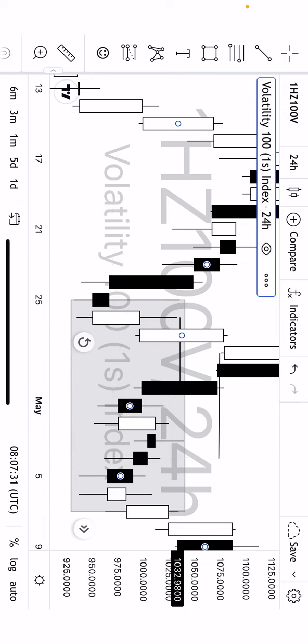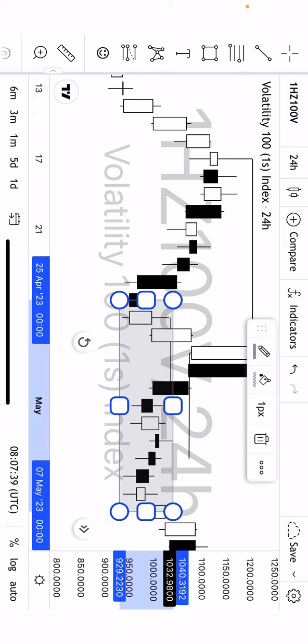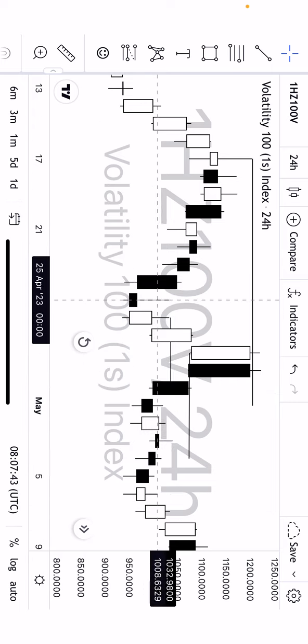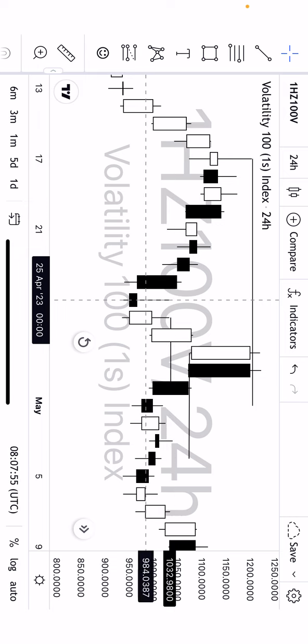Let me recap, guys. Let me delete this. Done, guys. Now I'm going to give that explanation again. You can see that we marked out this order block, this black candle that I am showing you here.